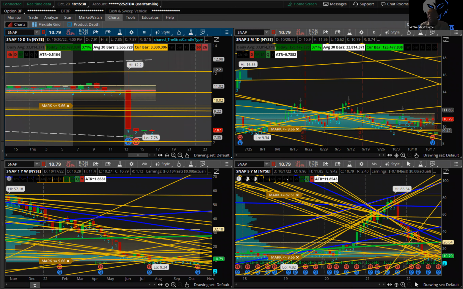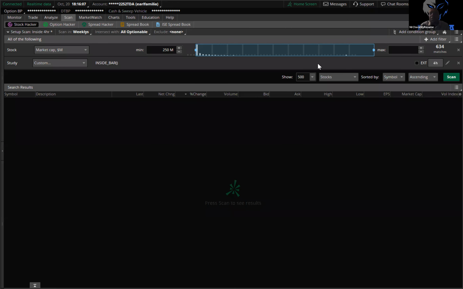If I'm not already inclined toward what I want to trade or don't have an idea of where I want to go, I'll take this scan and see what I could potentially take advantage of going into tomorrow. So that's what we'll do tonight. I'll put in a scan here for an inside 4-hour setup, and from that point we'll break down some trades and look into different tickers. So let's get into it.